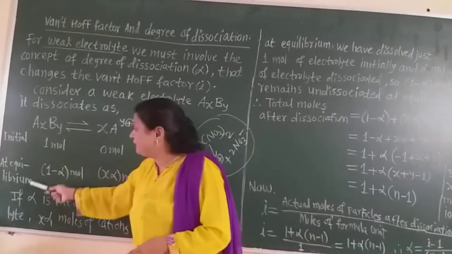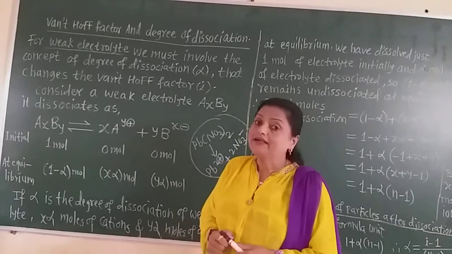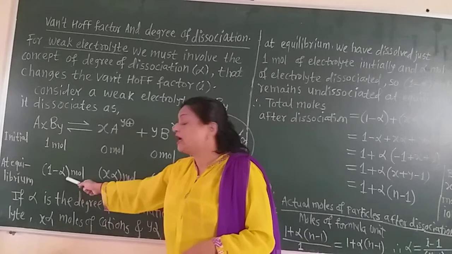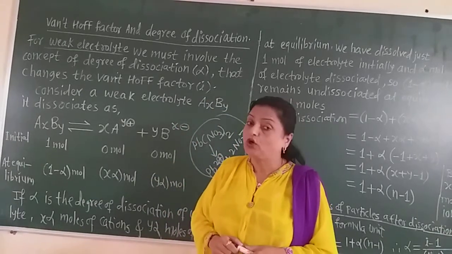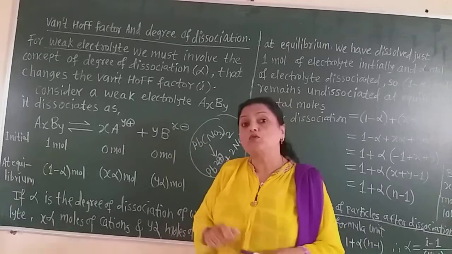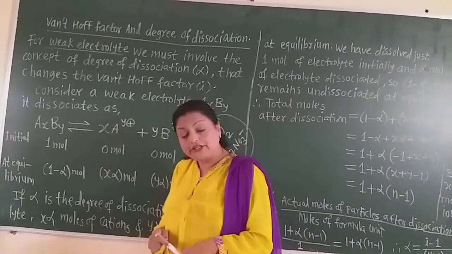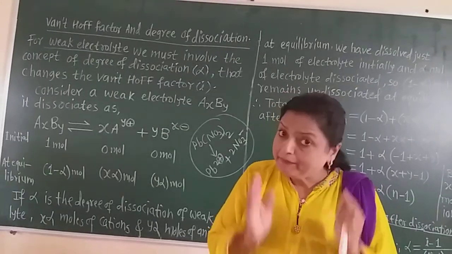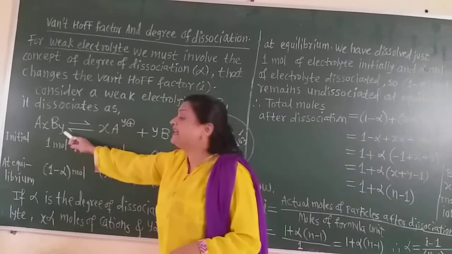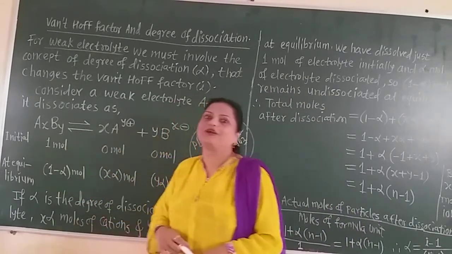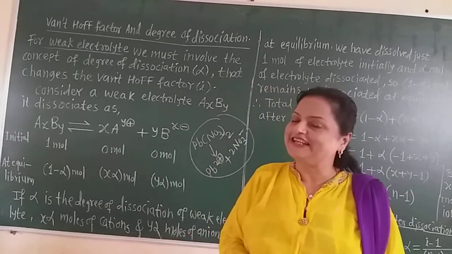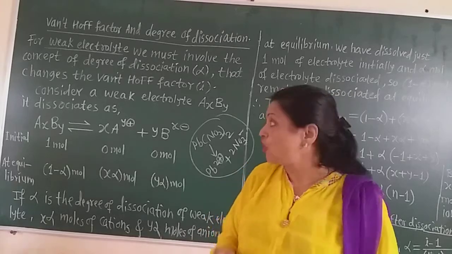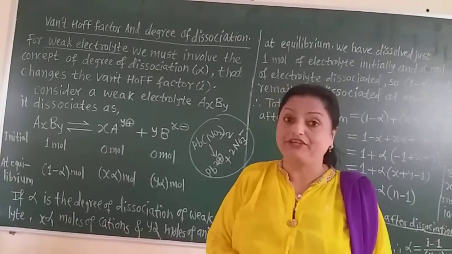What is the remaining number of moles of AxBy at equilibrium? Initially it is 1 mole and only alpha mole gets dissociated, because it is not completely dissociated. So after dissociation at equilibrium, the remaining number of moles of AxBy is 1 − alpha, because only alpha has dissociated, so we subtract alpha from 1.